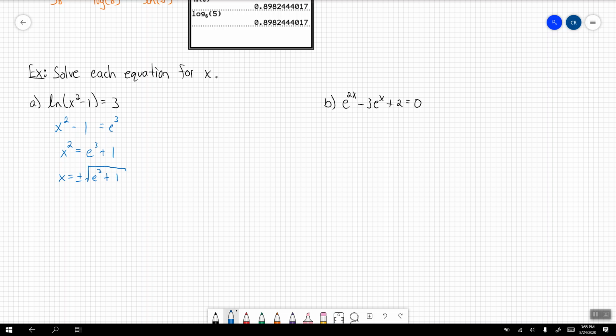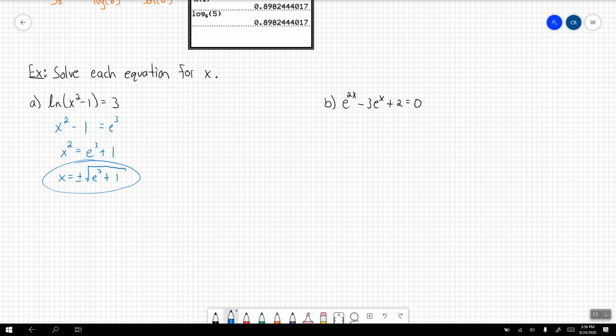Now, you can verify by making the substitutions into the original equation, but you're going to see that those substitutions will always lead you to the correct answer, no matter which version we use for x. Which means both of these are our answers. Now, please make sure not to forget that positive or negative whenever you apply a square root.